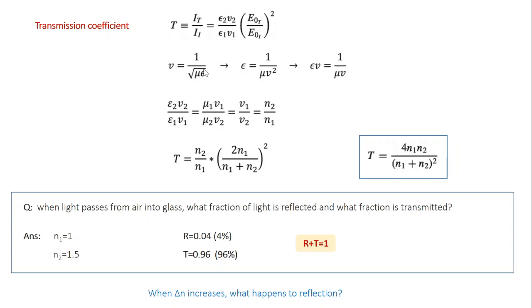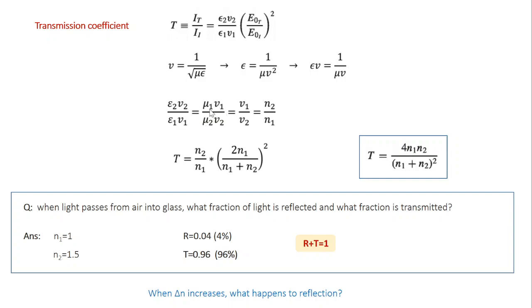Remember, velocity V equal to 1 over square root of mu epsilon. Or you can write epsilon equal to 1 over mu V square, or epsilon V equal to 1 over mu V. So from this you can write epsilon 2 V2 divided by epsilon 1 V1 as (1 over mu 2 V2) divided by (1 over mu 1 V1), or this is mu 1 V1 divided by mu 2 V2.